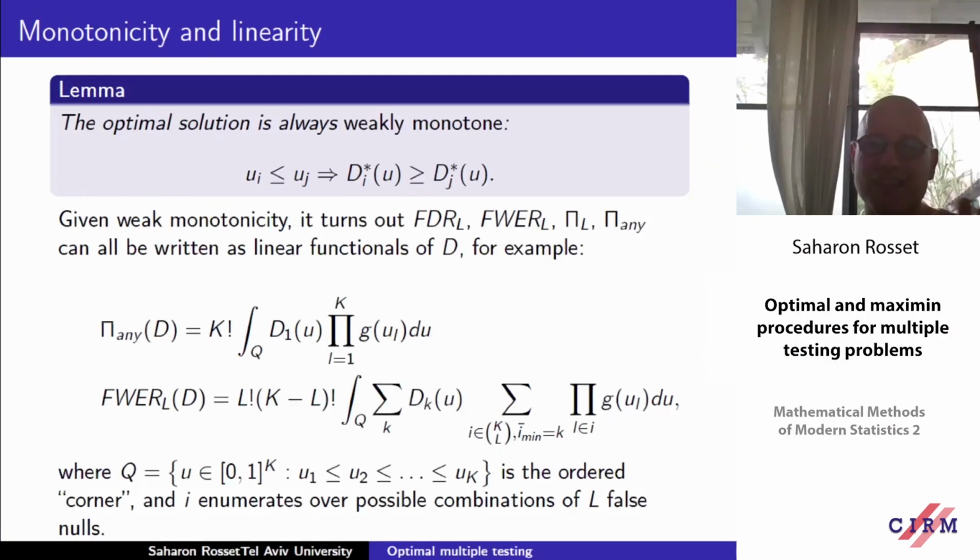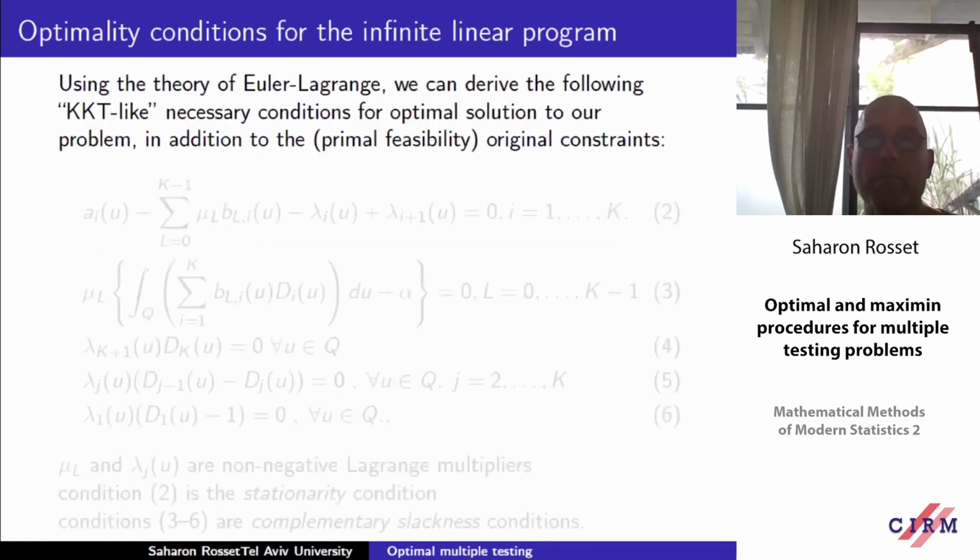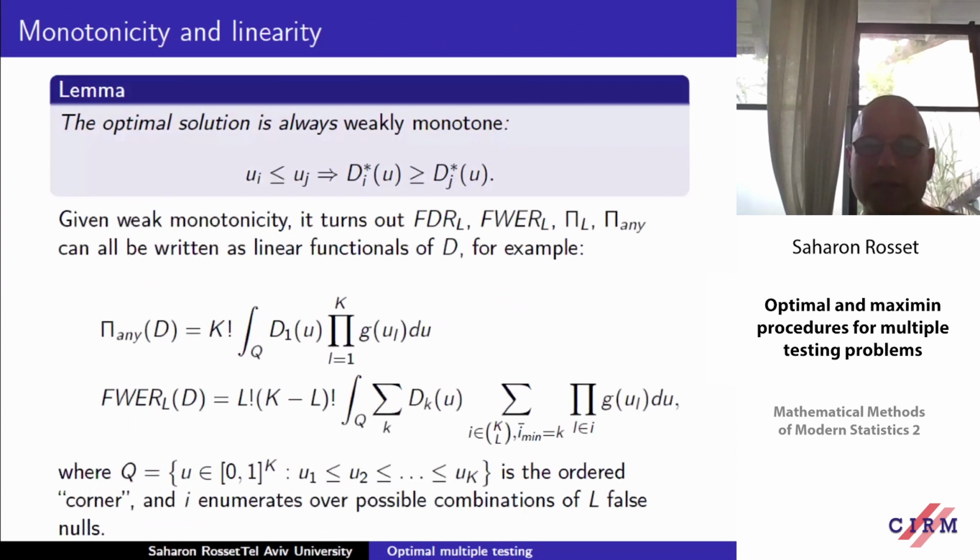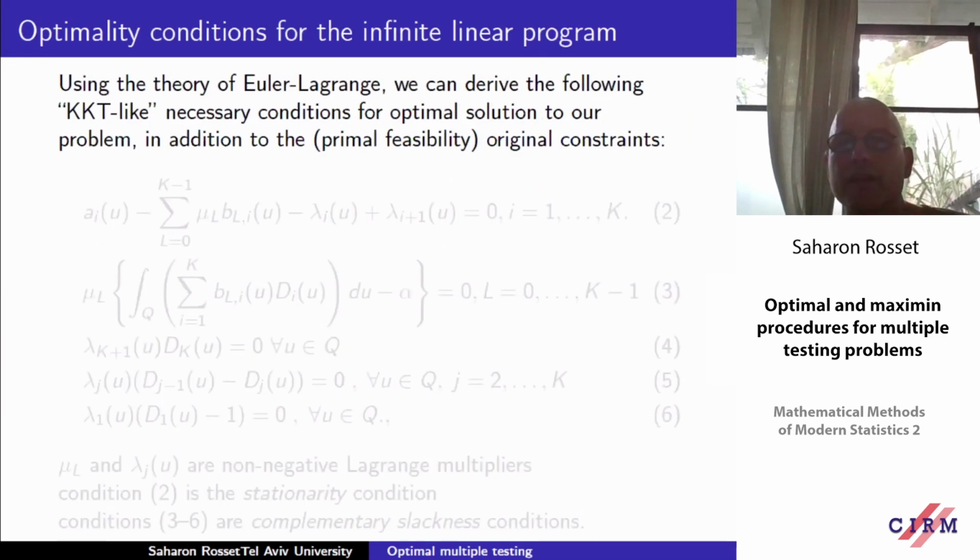So the point is that this allows me to write all of this as a very hard infinite dimensional integer, but linear problem in my Ds. So now I have this problem. The next thing I do, which I skipped over here, is I change my problem from being integer. I relax it to consider the continuous optimization problem, where the Ds are allowed to be between 0 and 1 rather than required to be either 0 or 1. And with that, I have an infinite optimization problem.